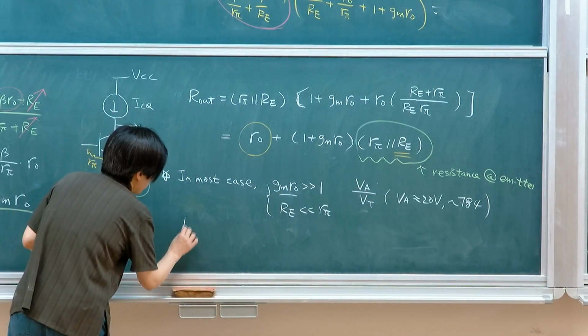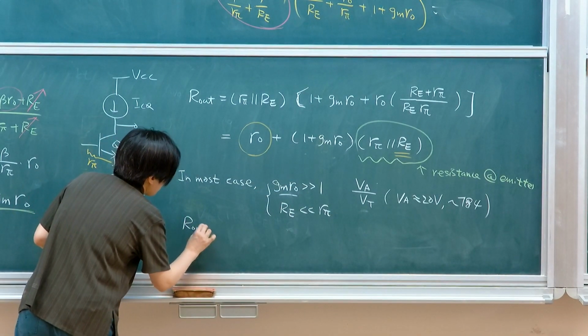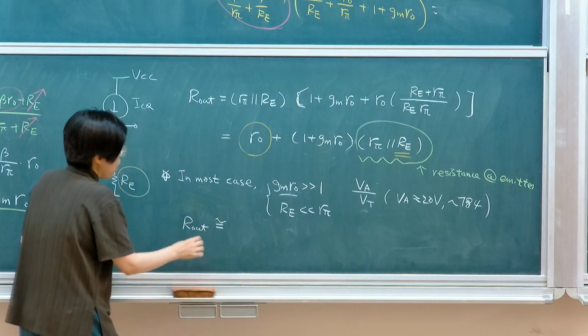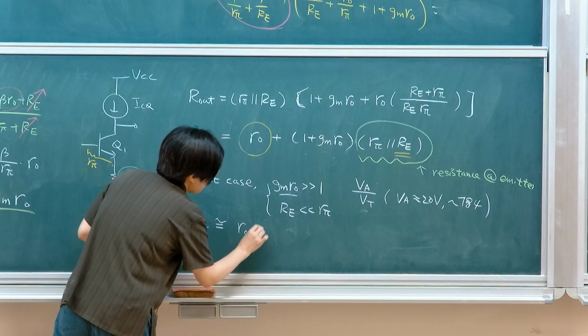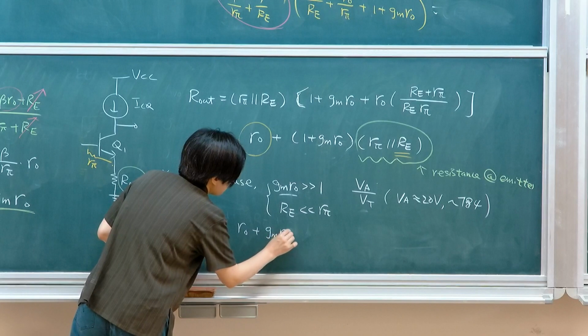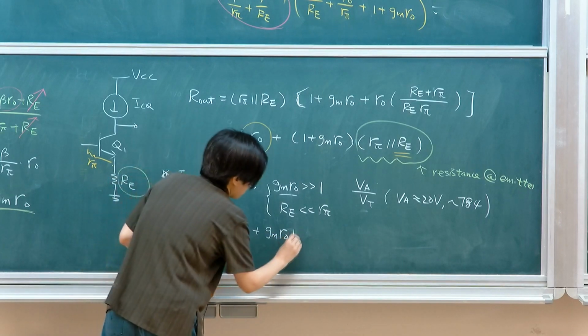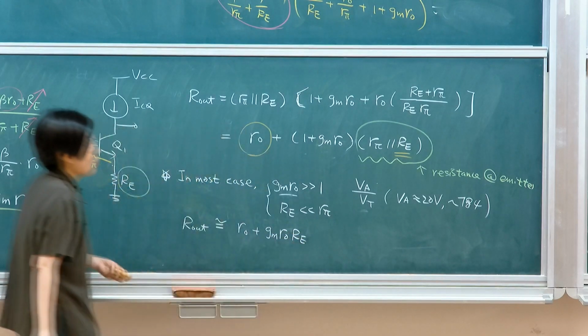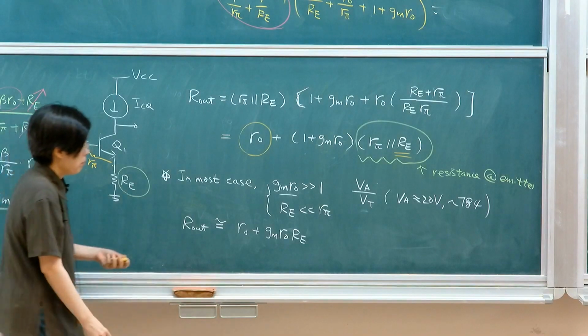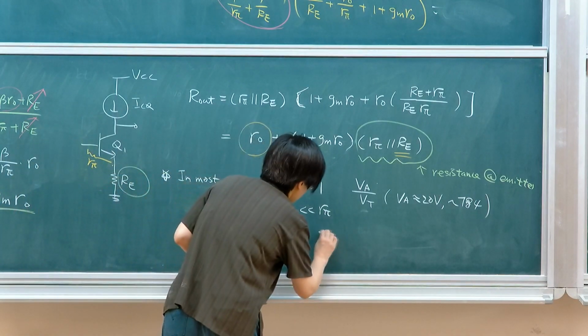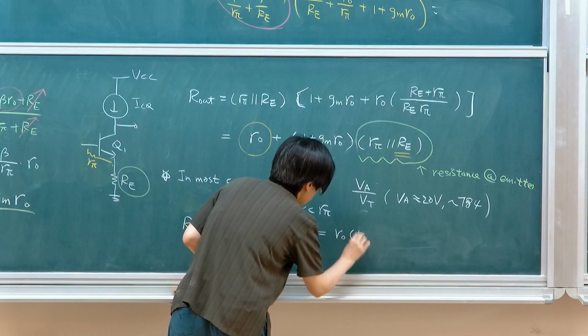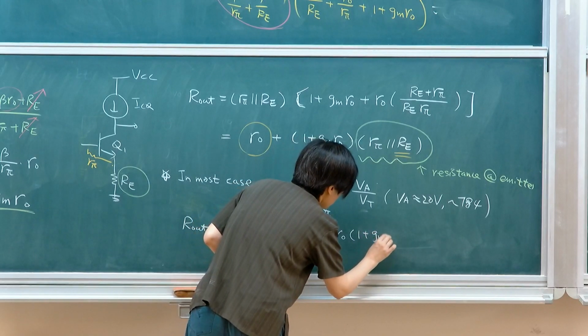So what happens is that your R out can be simply approximated as RO plus GM RO RE. Okay? So then you will see this equation much more often.